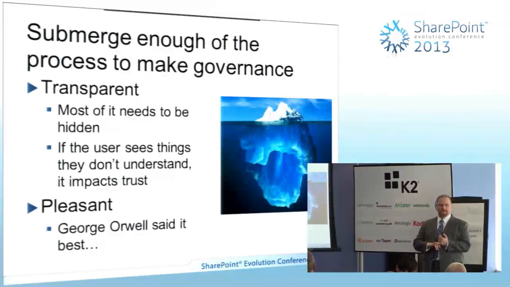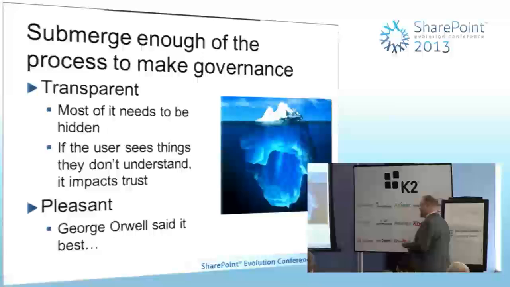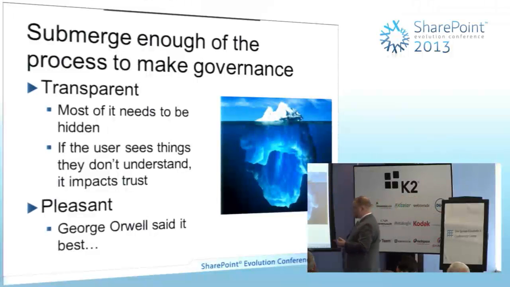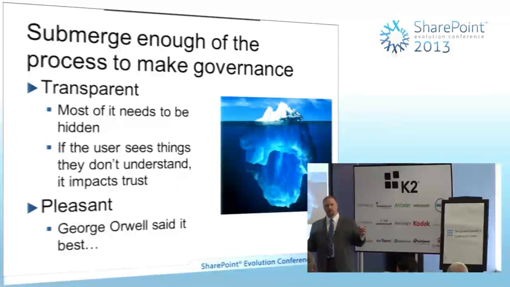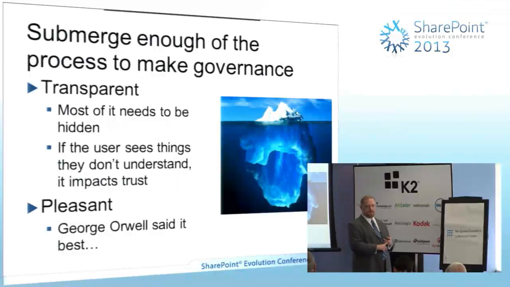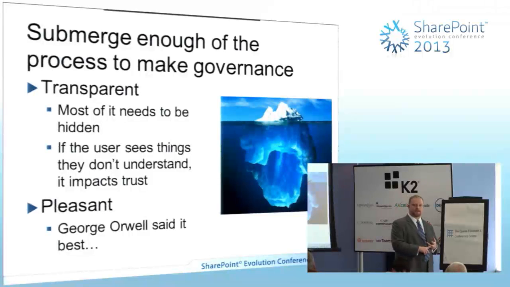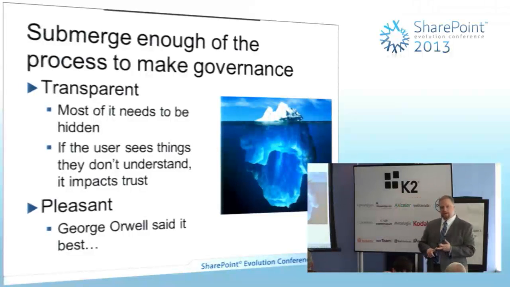How the hell do you process that? So those constructs need to be hidden. The process needs to be hidden from the users as much as possible so that their interactions are choices, not creation or understanding. If you require users to understand too much, then it won't get adopted, and then you're out of compliance.